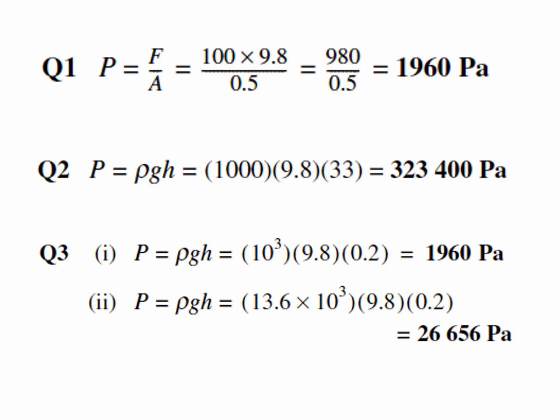You had a tank containing 100 kilograms of water. So we have a mass here. If the area of the base of the tank was 0.5 meters squared, we were asked to calculate the pressure of the water at the bottom of the tank. So the water itself, we were given a mass of 100 kilograms. The force of that acting downwards on the base of the tank is the weight of the water itself.